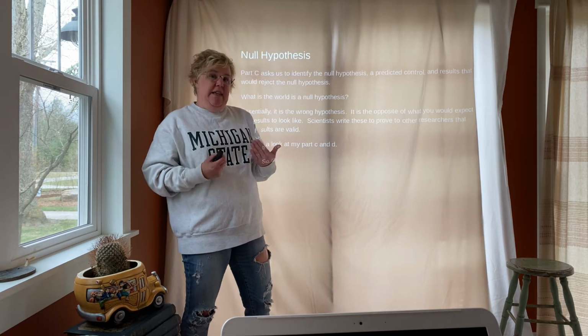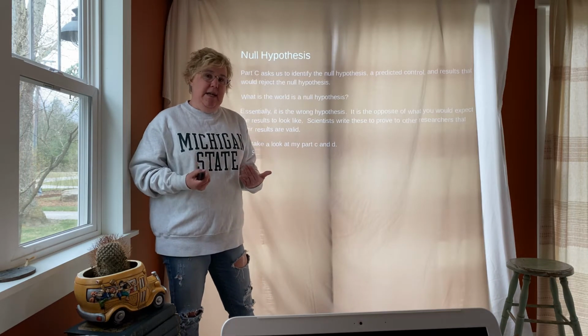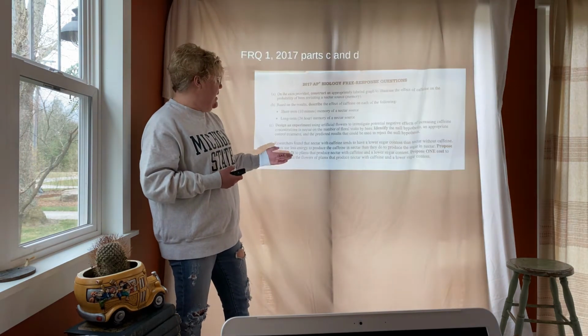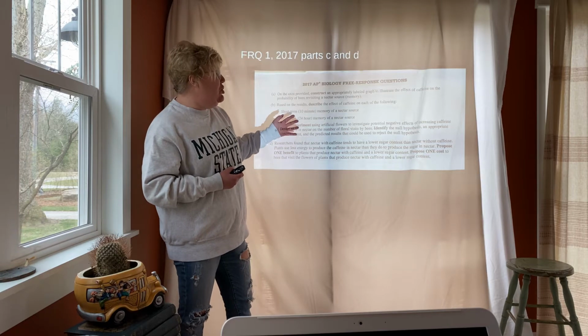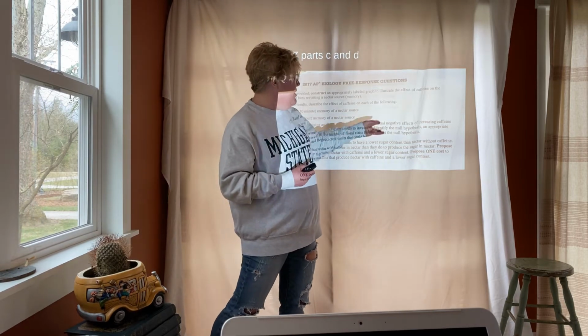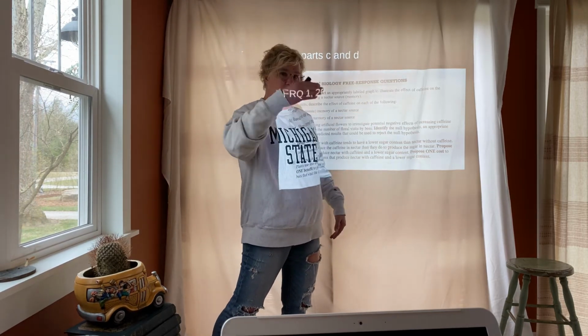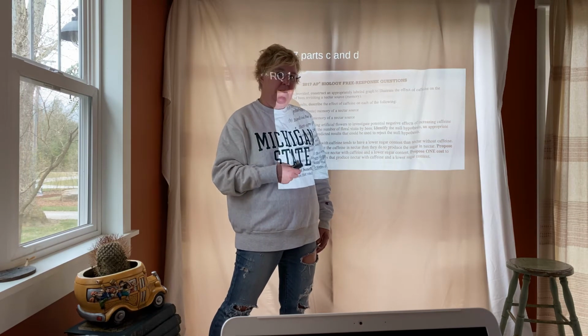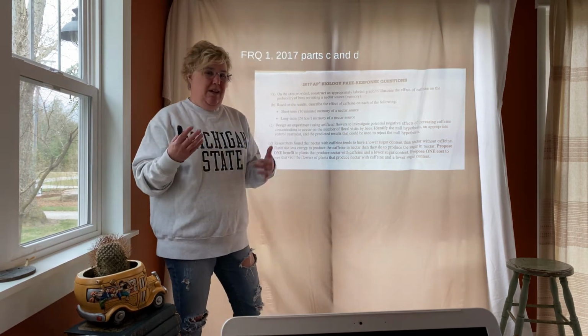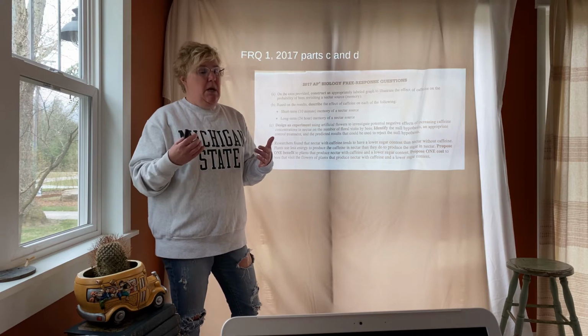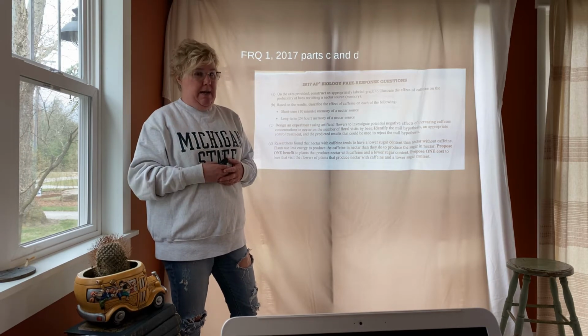So in the case of this one, where they're asking us to design an experiment that shows if there's potential negative effects if we increase the amount of caffeine in flowers. So will it impact the number of visits if we put more and more caffeine on?